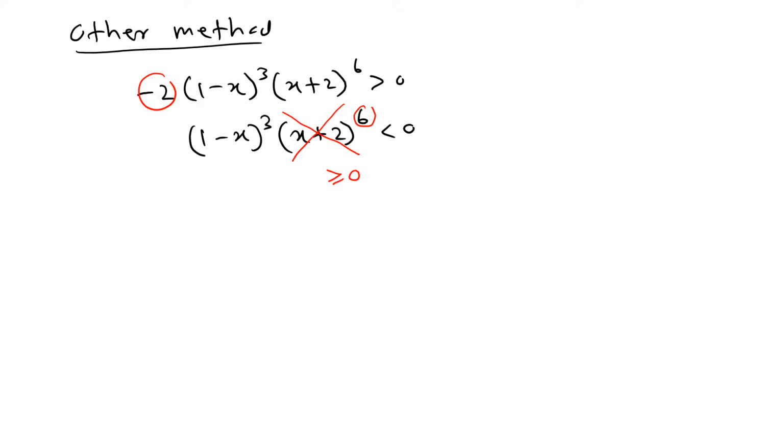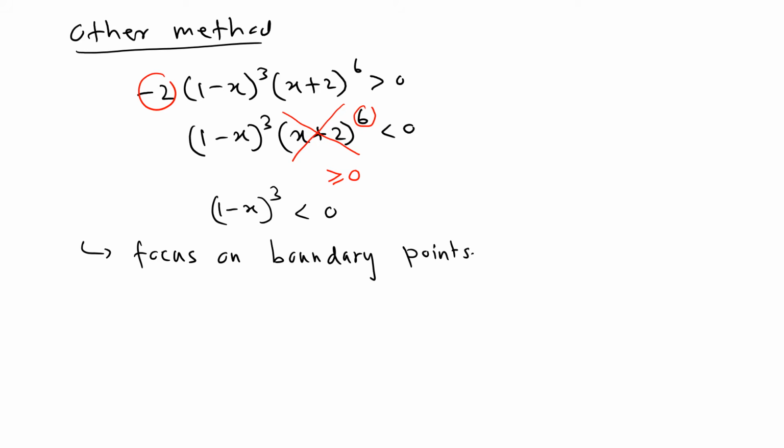You can simply consider 1 minus x cubed being negative for the sign diagram. And you also need to focus on the boundary points.